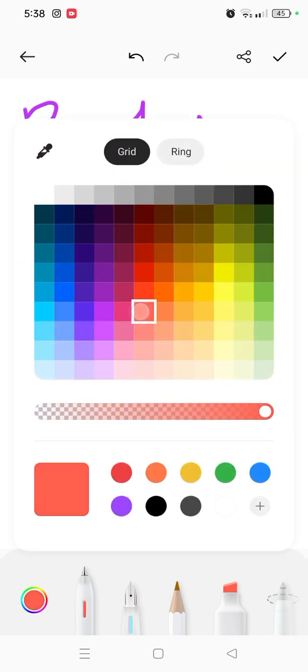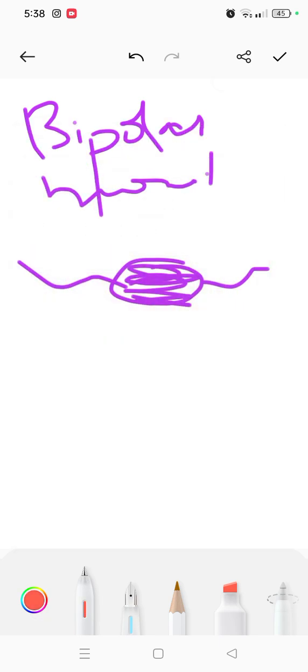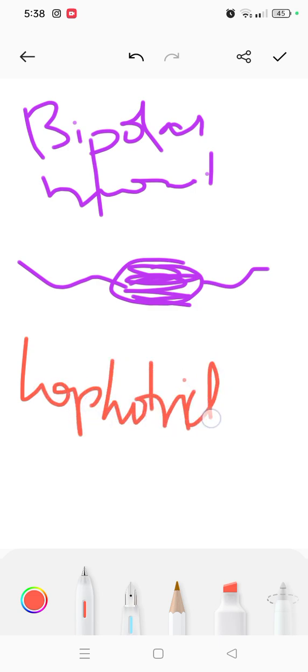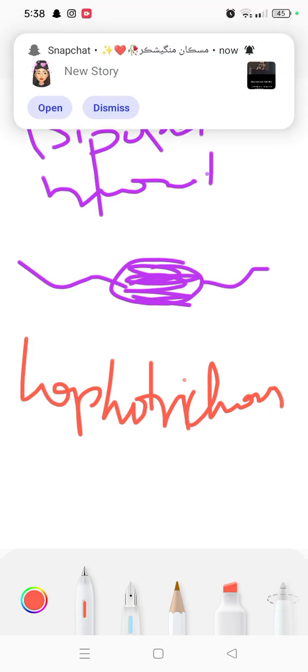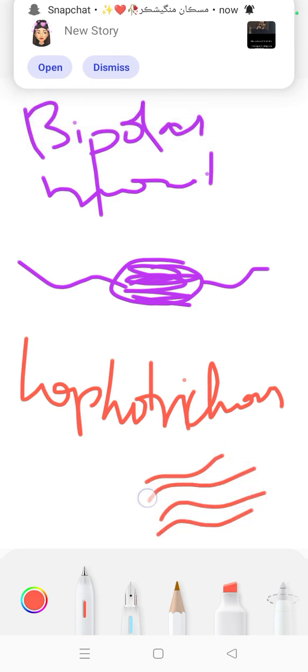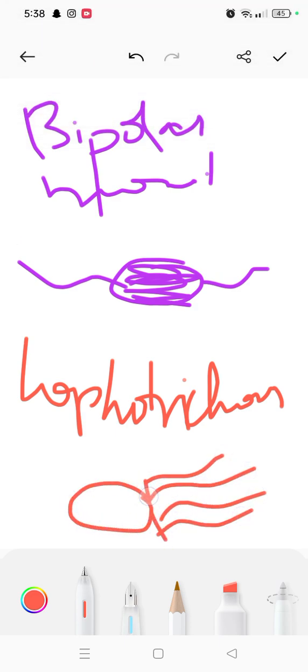I'm sure it's clear. Then we have another classification which is called lophotrichous. This is like a cluster. A cluster simply means a lot of these structures present on one side, and that's called lophotrichous.